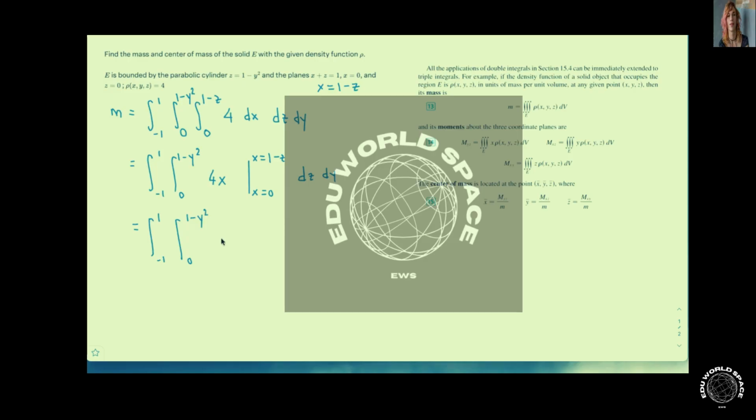Plugging in 1 minus z, I'm going to get 4 minus 4z. Plugging in 0, we get 0, dz dy. So this is the integral from -1 to 1. And the antiderivative with respect to z is 4z minus 2z squared, evaluated from z is 0 to z is 1 minus y squared.